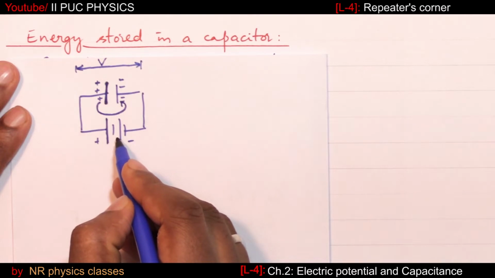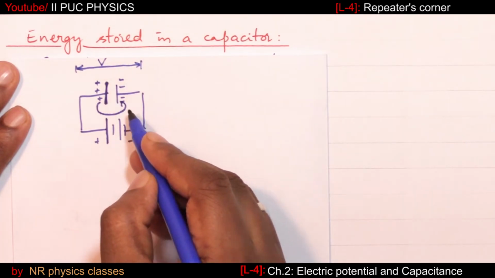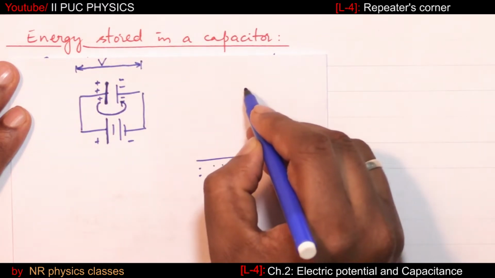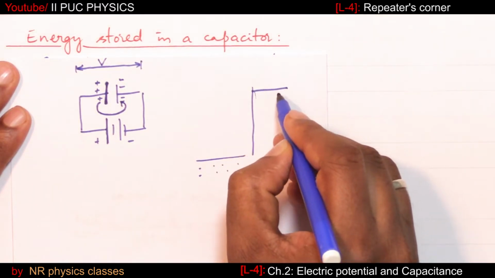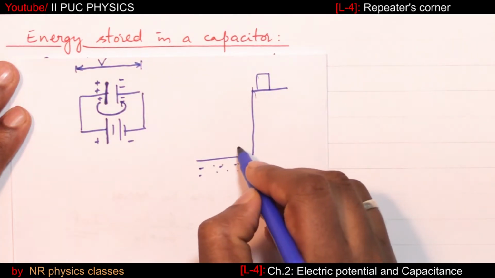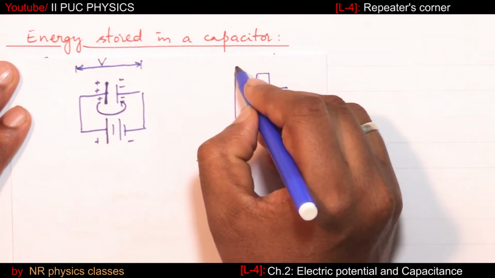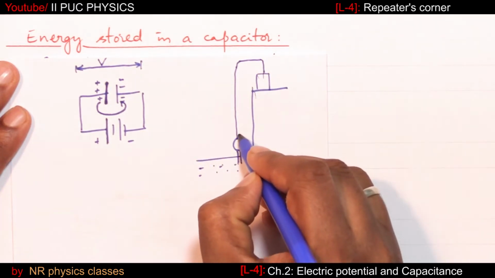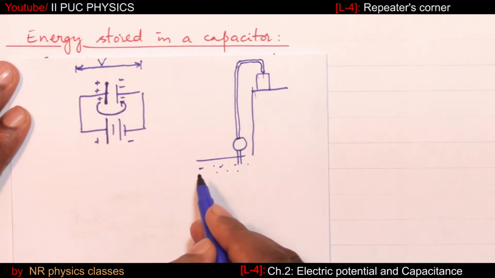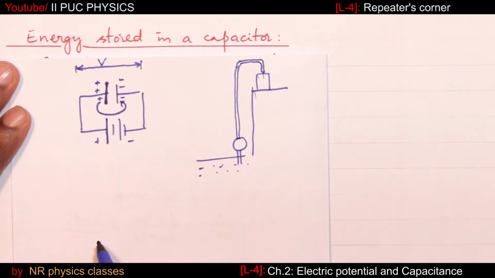The battery is pumping electrons from one plate to another plate. This is similar to pumping of water from ground level tank to overhead tank. If this is a house, this is tank. If this is water, then job of the pump is to lift water like this. Similarly, the battery is pumping electrons from one plate to another plate.